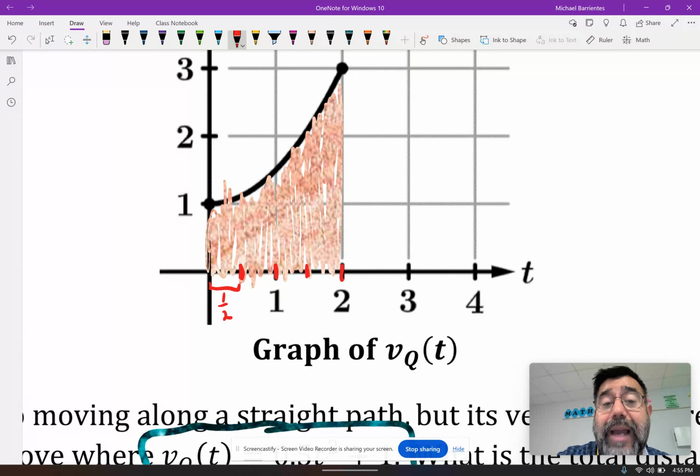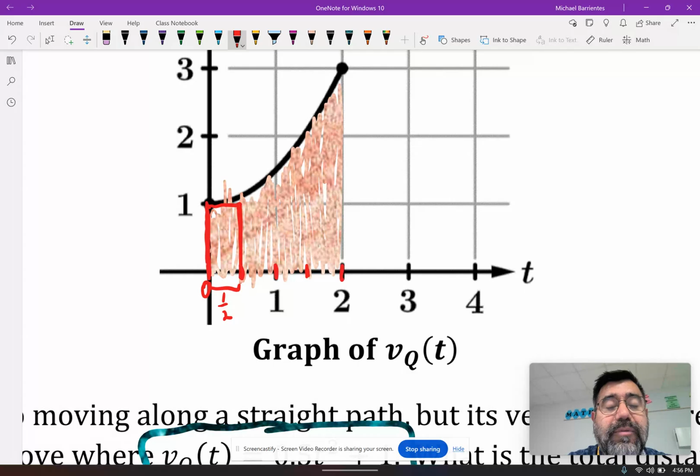Now, I'm going to create what are called left-sided rectangles. They're called left-sided rectangles because I start at the initial x value and I go up until I hit the curve, and I use this height as the height of my first rectangle. I stretch it horizontally and draw it down.